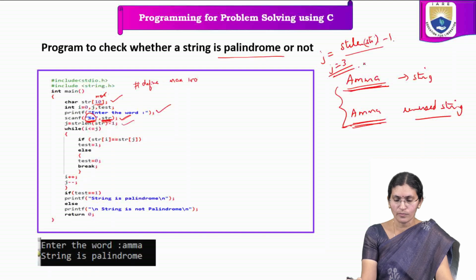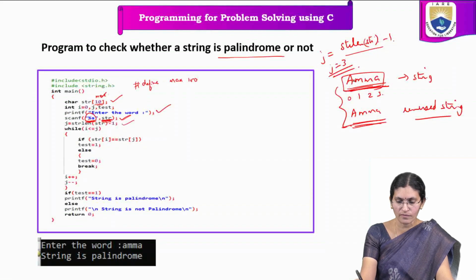Why? Because the index starts with 0: 0, 1, 2 and 3. This is when it is maintained as an array of characters. At the 0th position we have a, then the first, second and third positions. So j is initialized to a value of 3, that is the last element of this string.